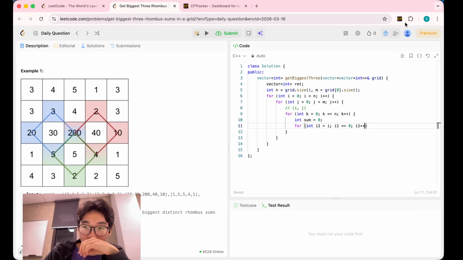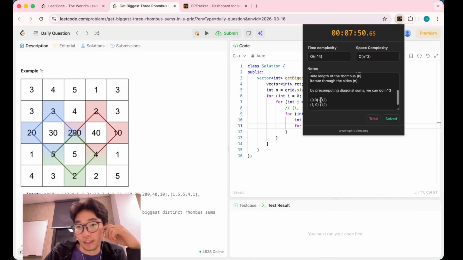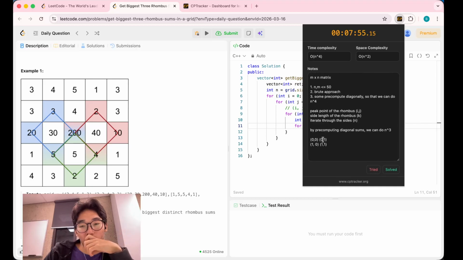We are going from here, so it's increasing.